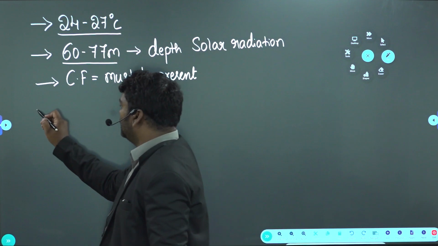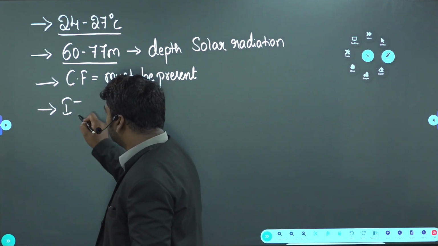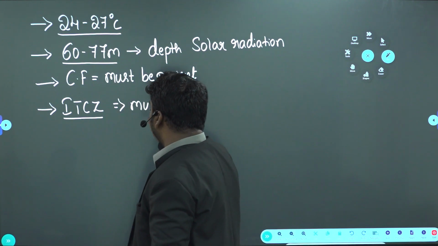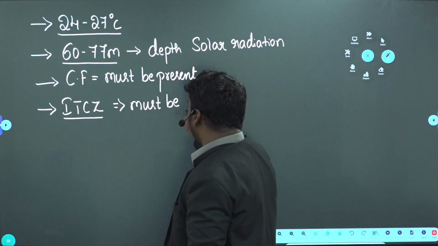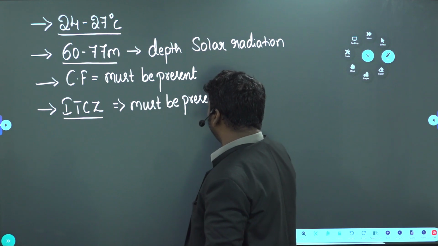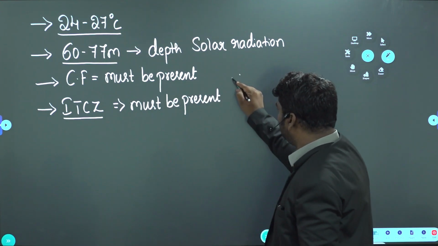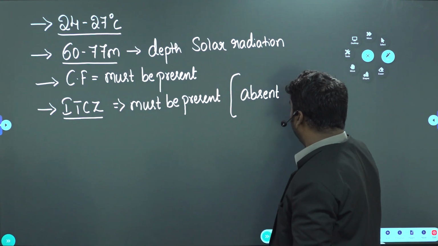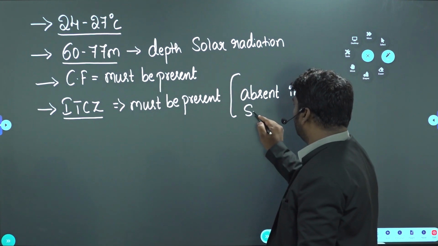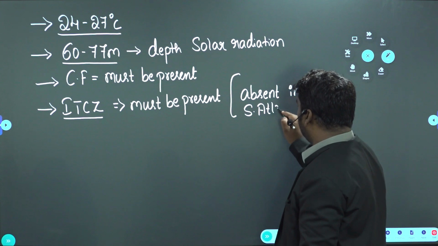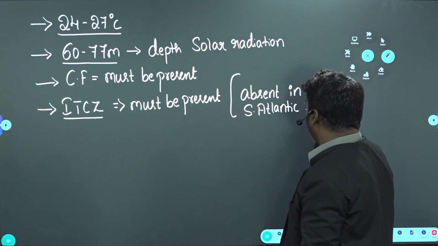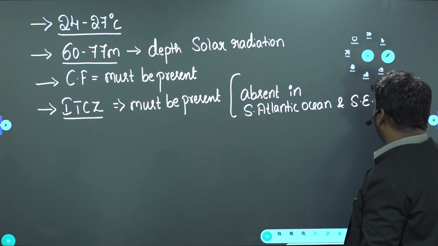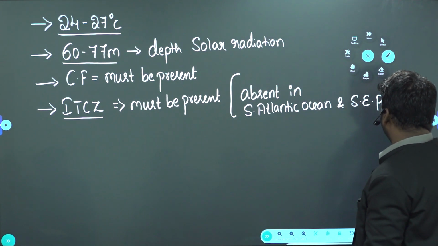Then, is there requirement of ITCZ? ITCZ must be present, and this is the reason cyclones are absent in South Atlantic Ocean and Southeast Pacific Ocean.